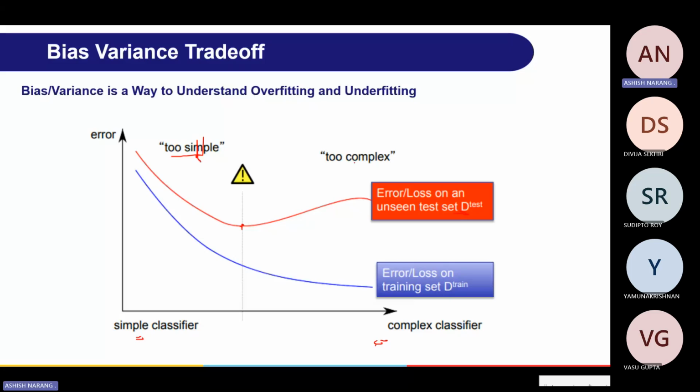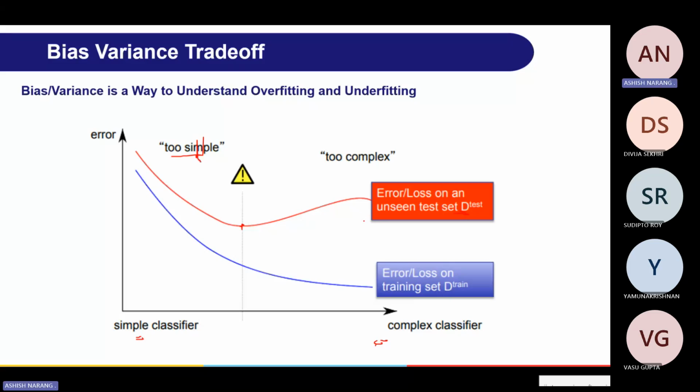So the first is overfitting, the second is underfitting. When the loss on the test data is high, it means it's overfitting. When the loss on the training itself is high, it means it is underfitting.